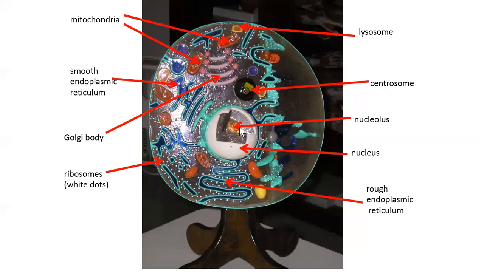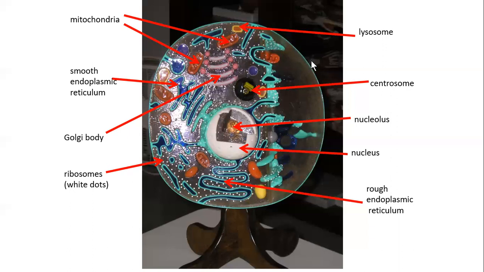This is the nucleolus. The chemical makeup of the nucleolus is mostly RNA, ribonucleic acid, and the nucleolus has also a totally different function. It is making ribosomes, so the nucleolus is a factory, and a nucleus, you can look at it like a library.